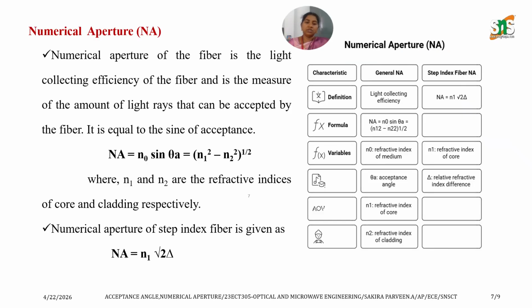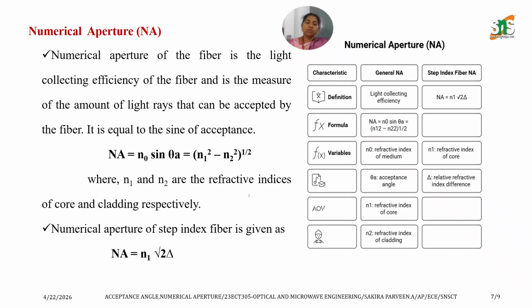And numerical aperture. Numerical aperture is the light collecting efficiency of the fiber, and it is the measure of the amount of light rays that can be accepted by the fiber. That is said to be the sine of acceptance. NA is equal to root of n1 square minus n2 square, otherwise n1 root of 2 del.